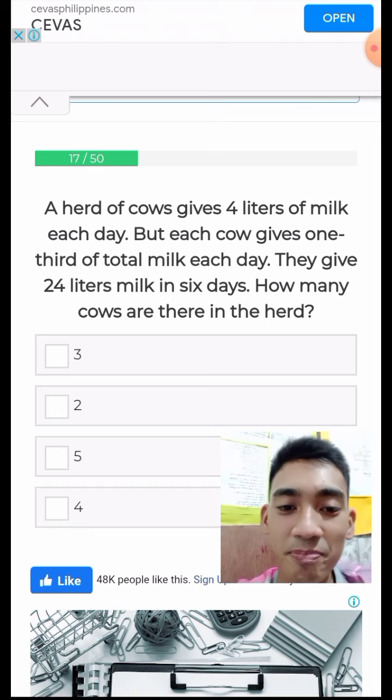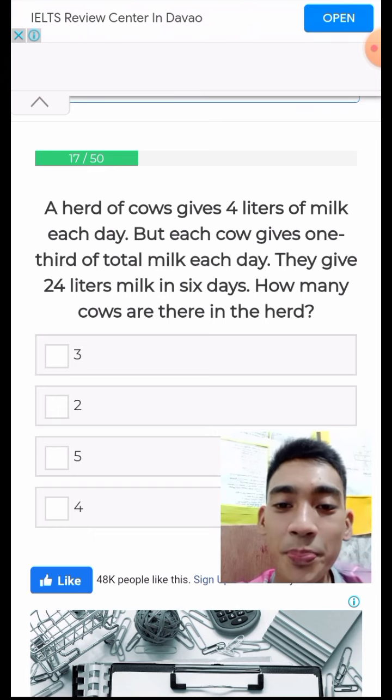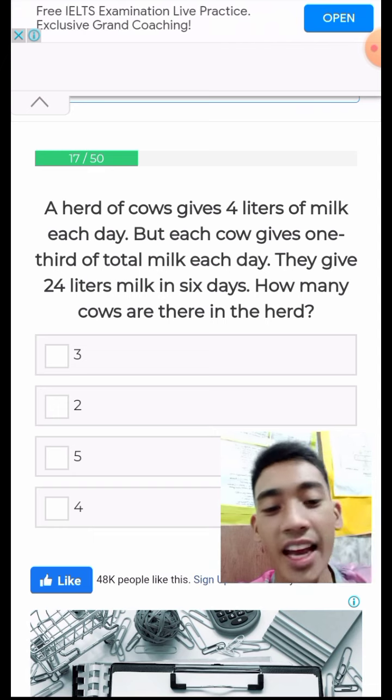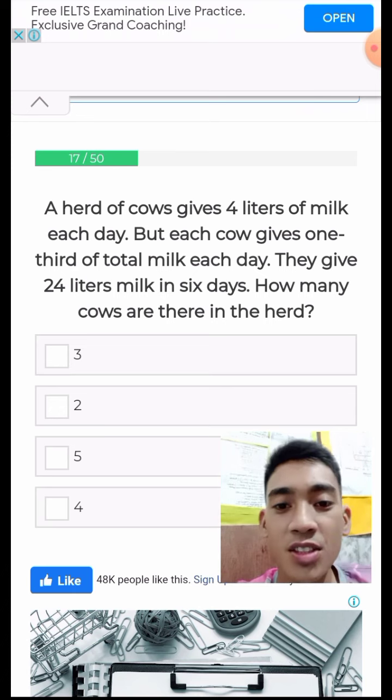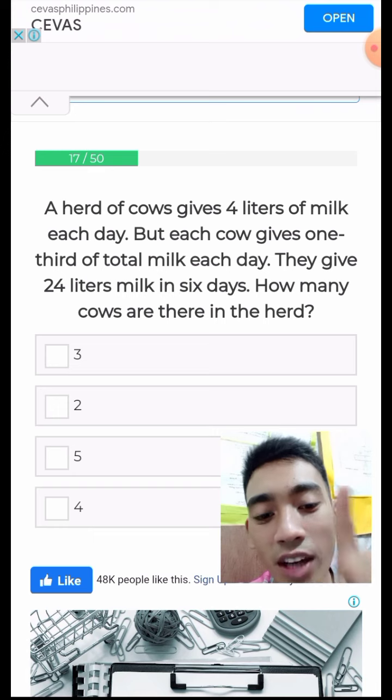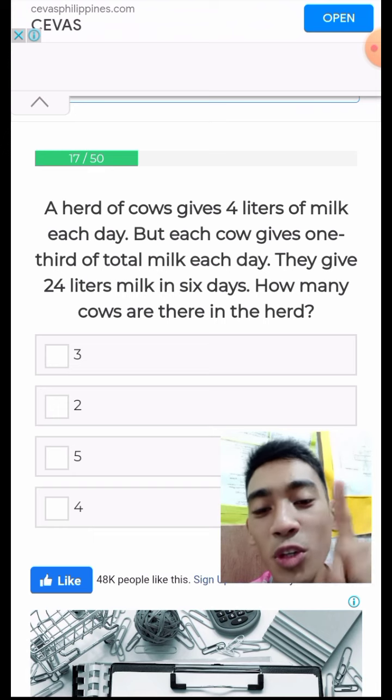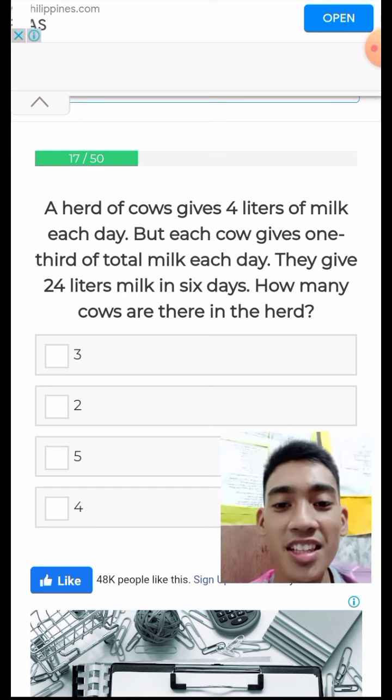So here, we will determine the number of cows in a herd. Therefore, one cow gives only 1/3 of the milk each day.